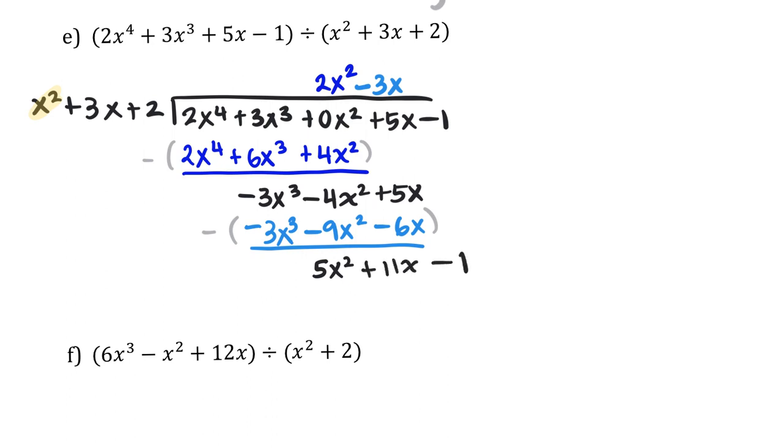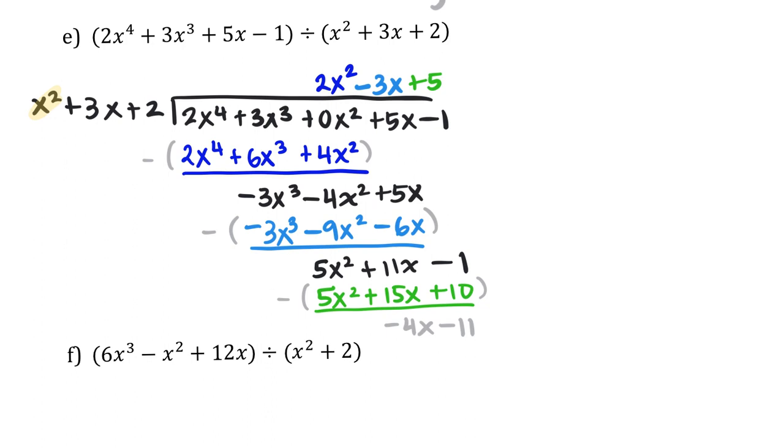Bring down the 1. Now to get 5x squared, times 5. 5x squared, 5 times 3x, 15x, 10. Okay, subtract down. Cancels. 11 minus 15, negative 4x, negative 1 minus 10, negative 11.